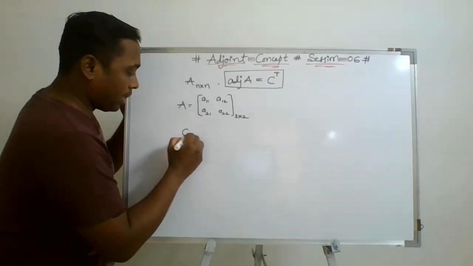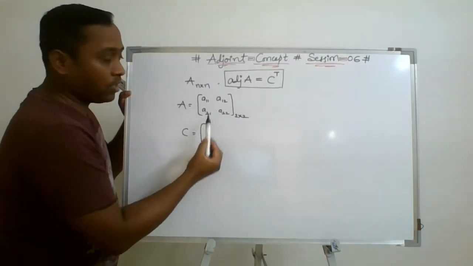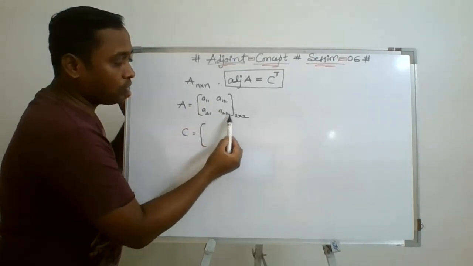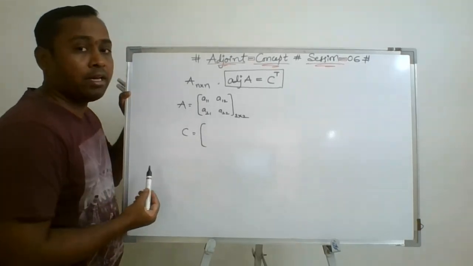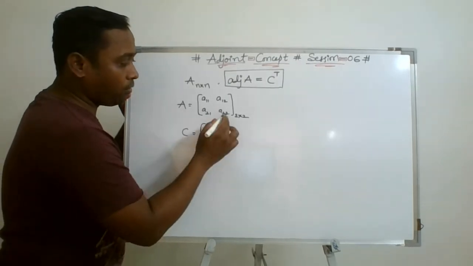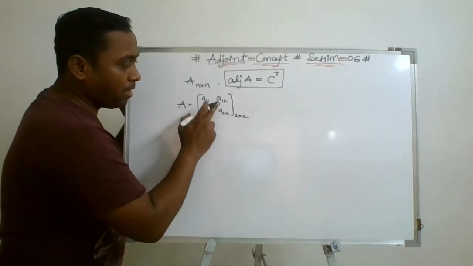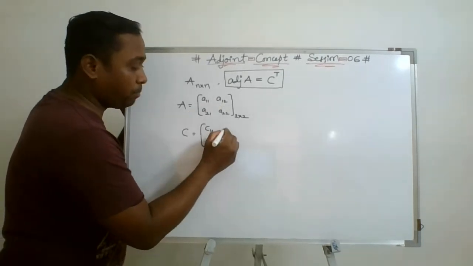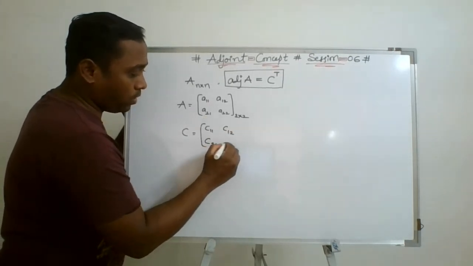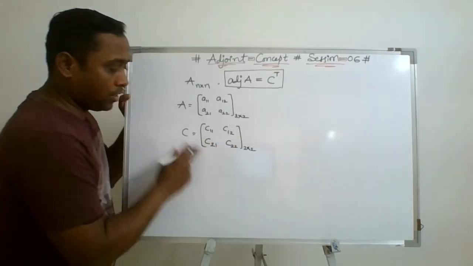Hence, the cofactor matrix means the cofactor of a11, so that is by eliminating the row and the column, then the left element is what? a22, which is multiplied by minus 1 to the power of 1 plus 1. Hence, the cofactor of this will be a22, represented by C11. Similarly, the cofactor of the second element is represented by C12, the cofactor of the third element C21, the cofactor of the fourth element C22. So this is what the cofactor matrix is.